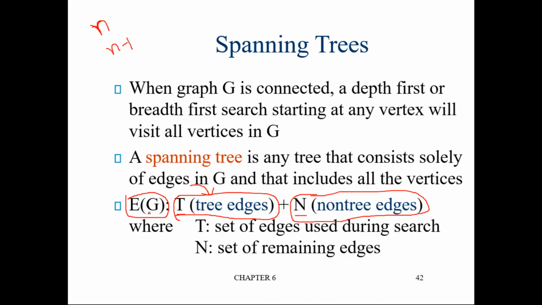Given a graph G, if you construct a spanning tree for that graph, then it will have T tree edges, which are included in the spanning tree, and N non-tree edges, which are excluded from the spanning tree. T is the set of edges used during the search, and N is the set of remaining edges.